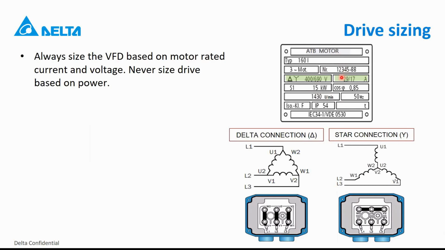So in those cases, you will see a current which is much higher than what you would see here. So for the same amount of power, you get a much higher current. And in those cases, if you size the drive based on power, then that will most definitely not be enough. So the drive might not be able to deliver the amount of current that the motor needs.